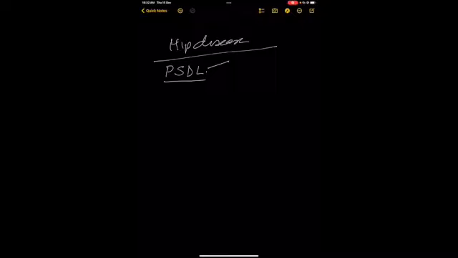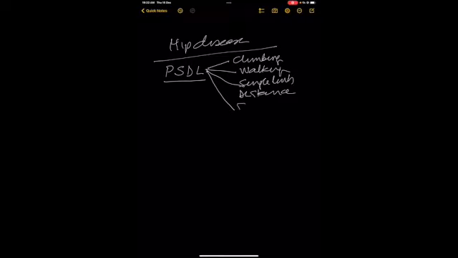Now, this loss of function can be climbing up or down stairs, walking, single limb or double limb stance, or sitting on a chair, cross-legged, or squatting. So when this is the presentation, we suspect hip disease.